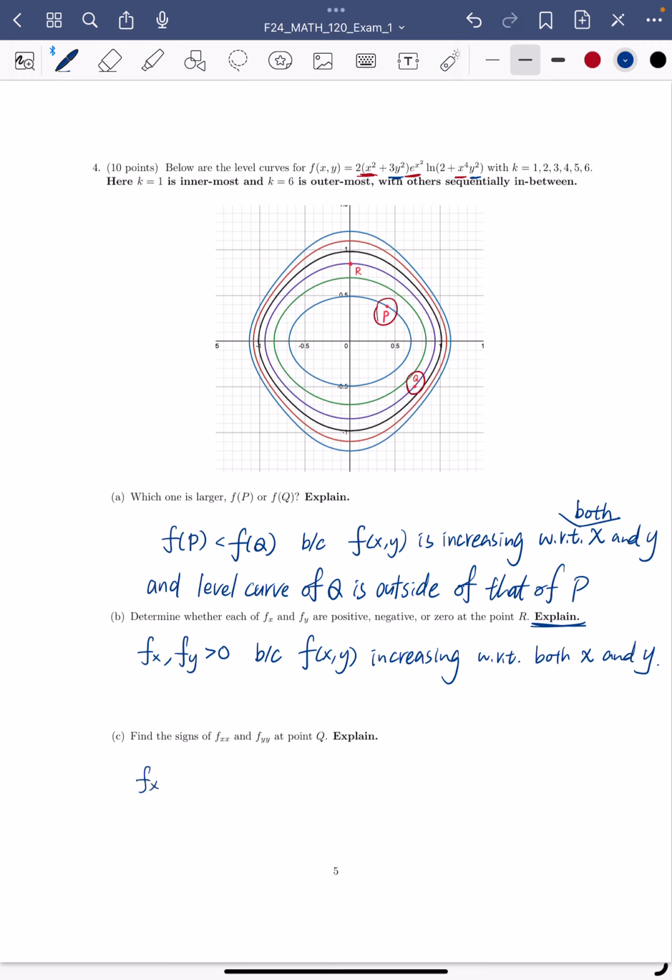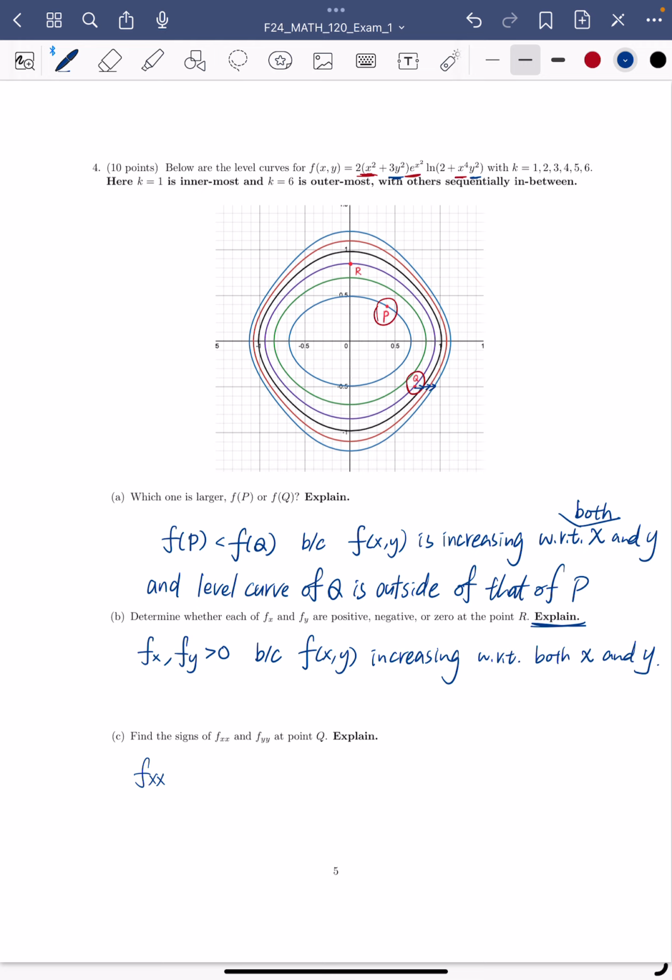So f x x is the second derivative of f with respect to x, and as we can see, here it goes much more rapidly in this direction.